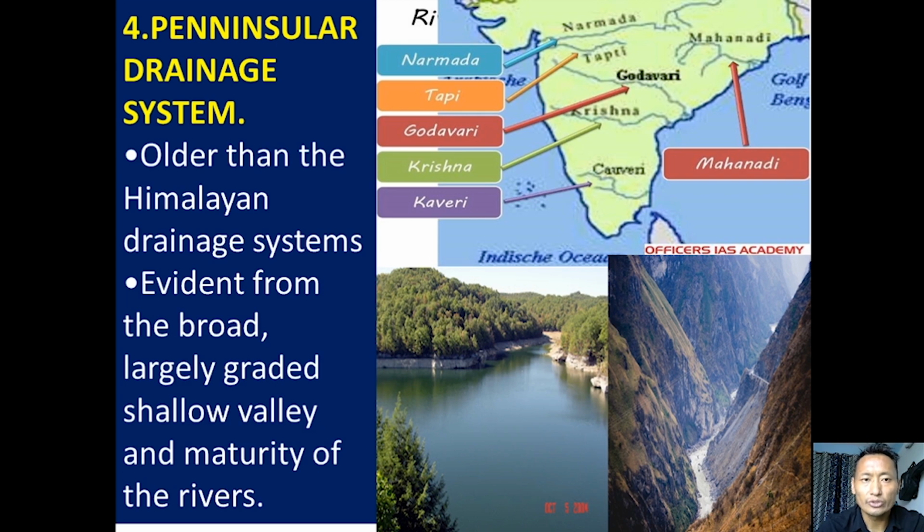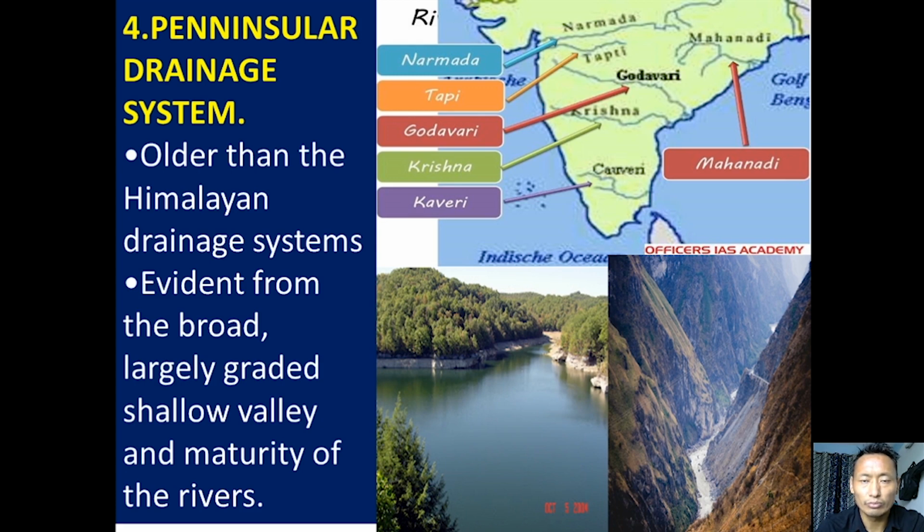As compared to Himalayan river systems, Peninsular river systems are much older. We already discussed in chapter number 1 the formation of the Himalayan mountains. The Himalayan mountains were formed after the collision of the Indian plate, that means Peninsular India, and the Eurasian plate.